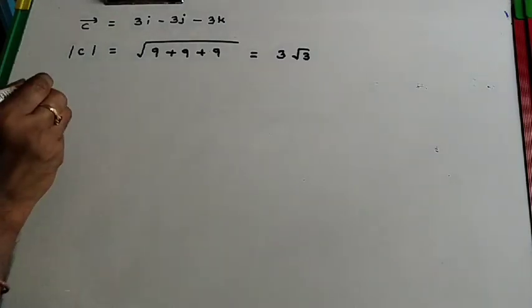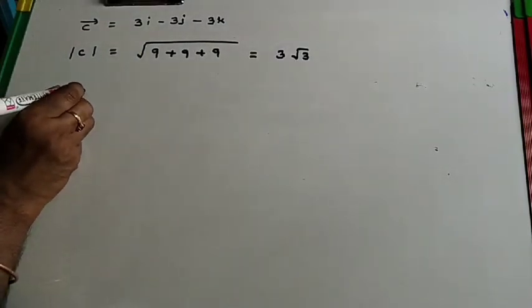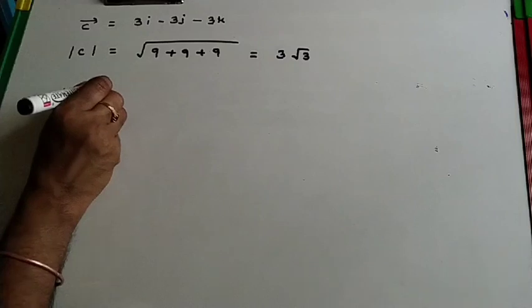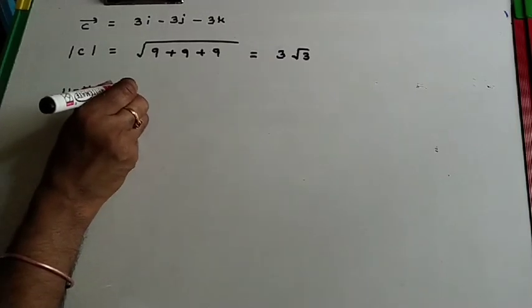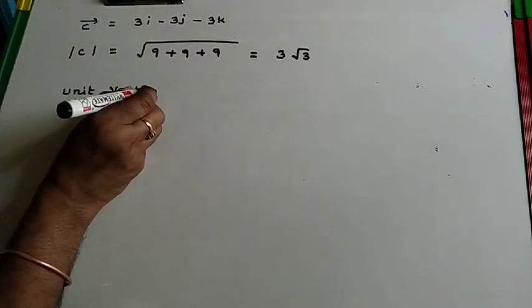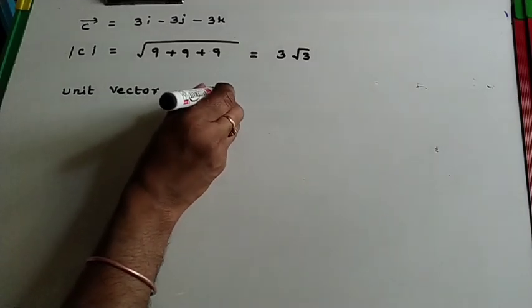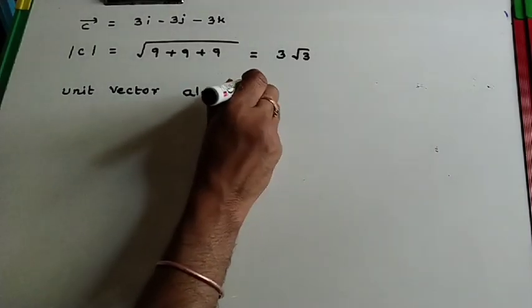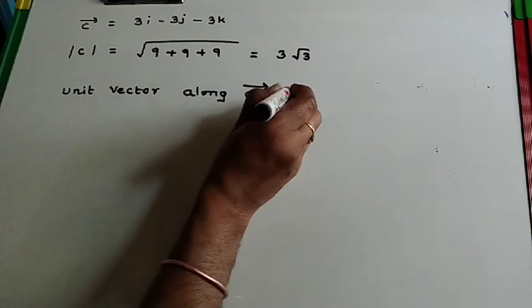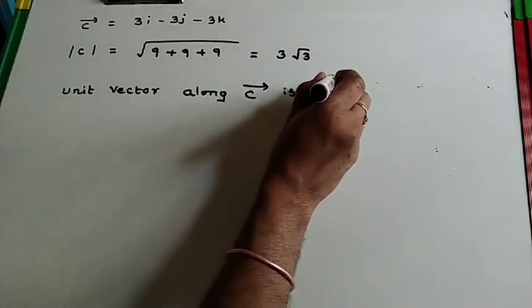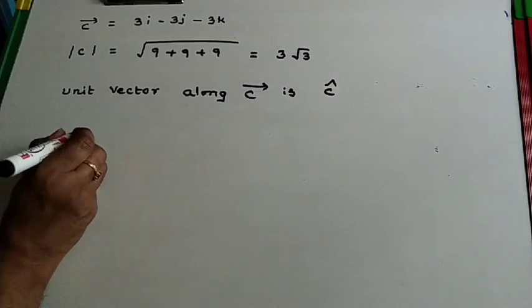Therefore, the unit vector along C is C unit vector.